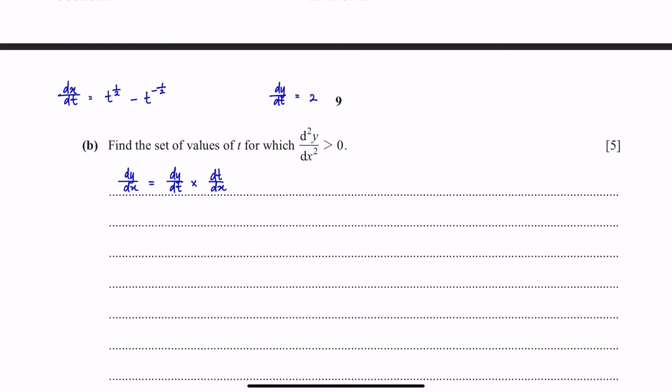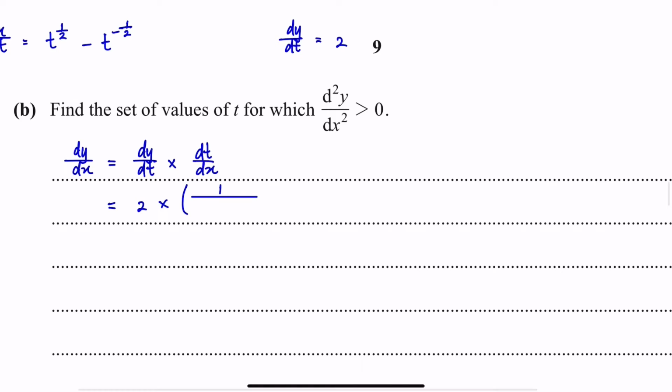So dy over dt is, sorry, dy over dt is 2, and dt over dx is 1 over this whole thing.